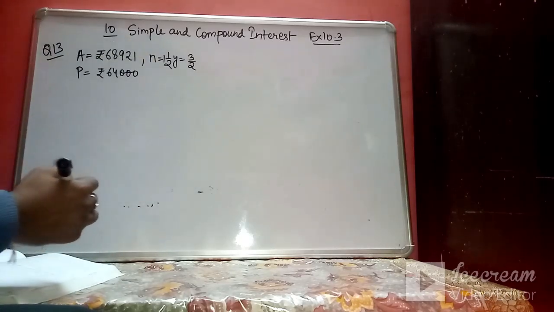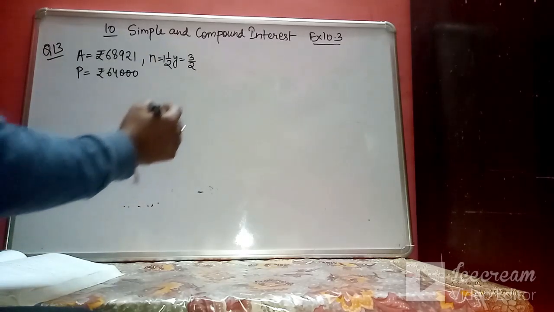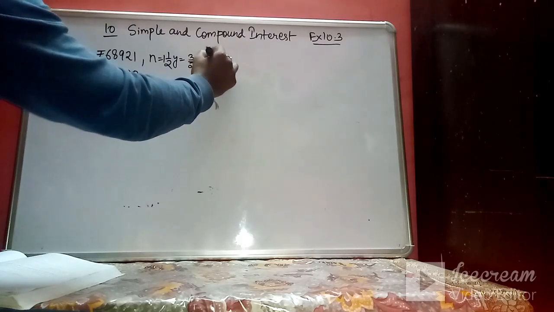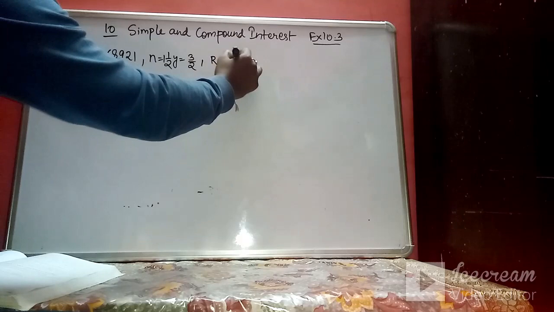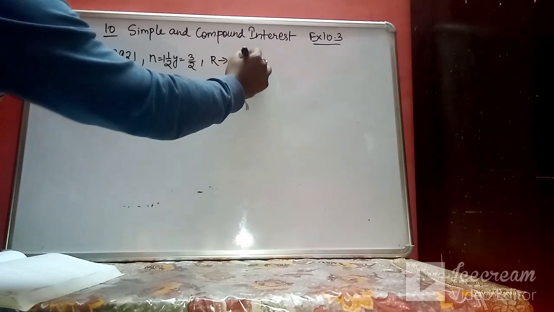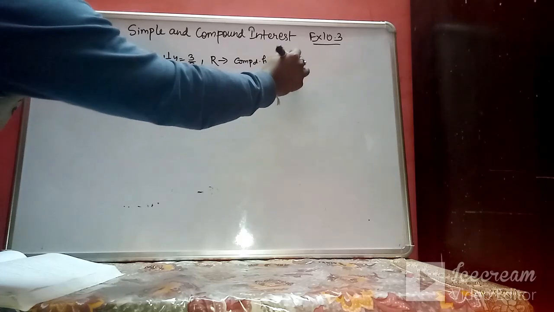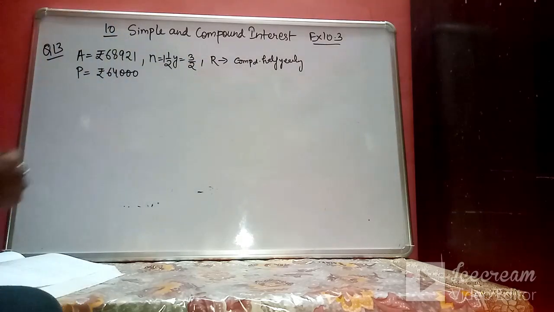And the different thing in this question is that the rate of interest is compounded half yearly. So what formula we will use?